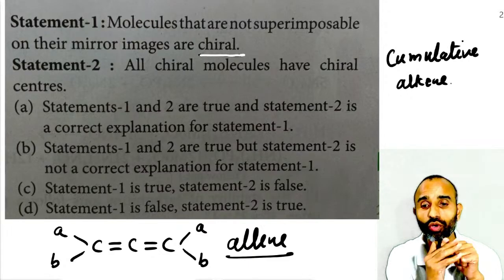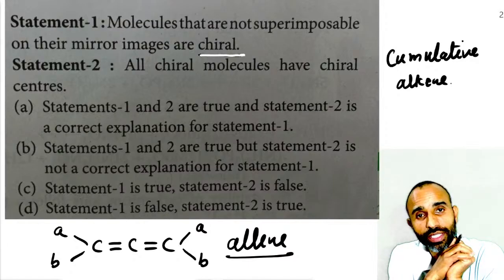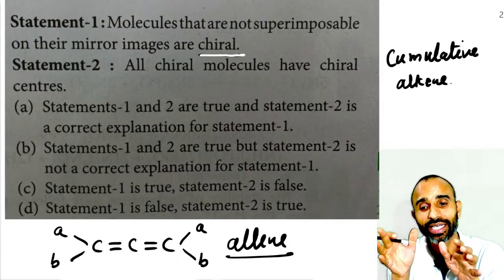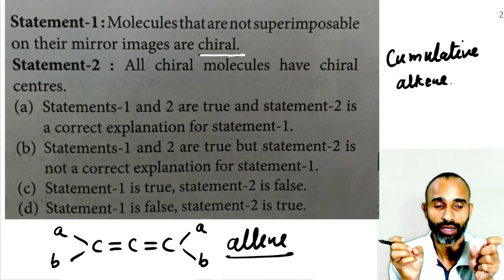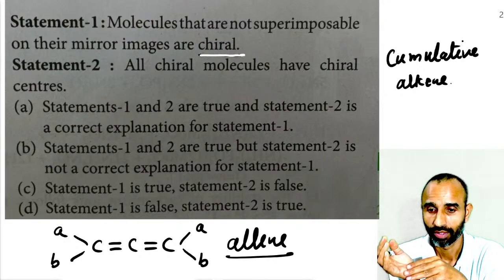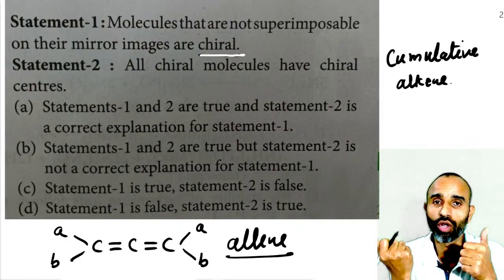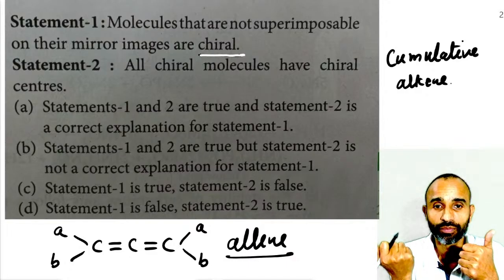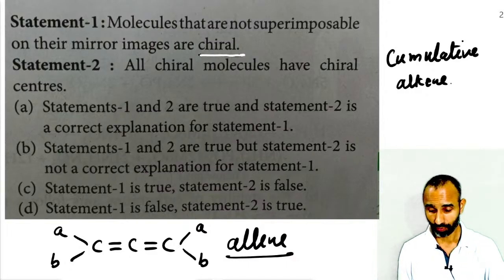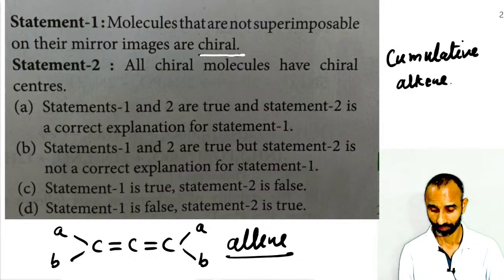A chiral center is one of the conditions. If there is one chiral center, that is always optically active. But sometimes, if there are two chiral centers, there is internal compensation.